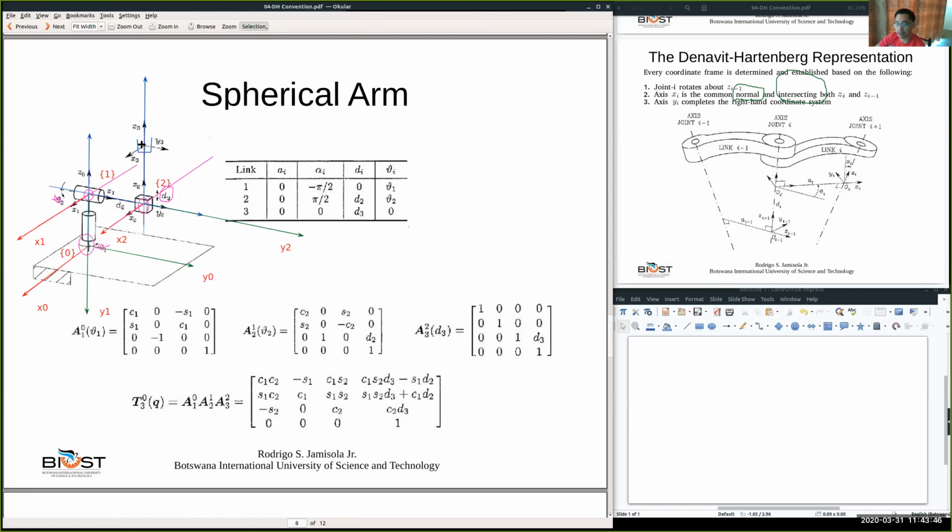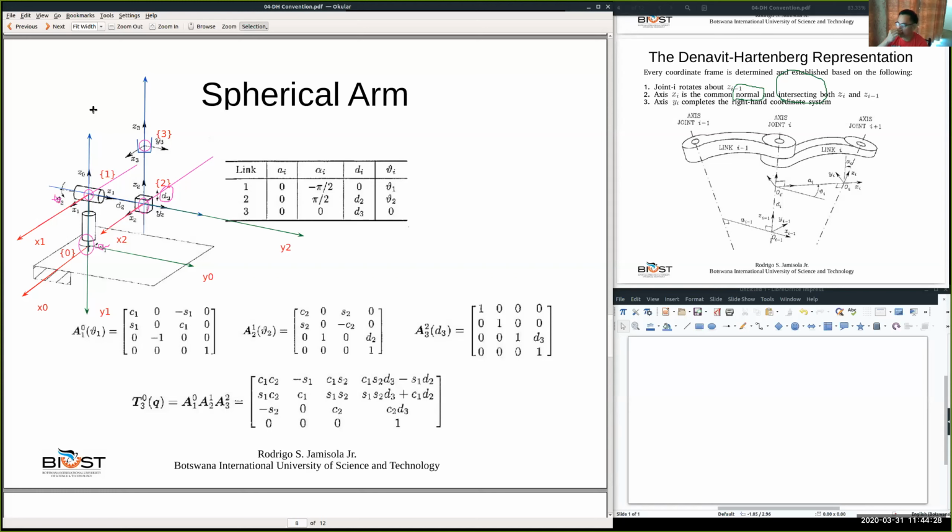In this case it's not shown, but assuming that the hand is here, normally at the end effector, we choose the origin of our reference frame to be this one, and Z3 is along Z2, and that is the origin. So that means we can also arbitrarily say that X3 is parallel to X2, and in that case Y3 becomes parallel to Y2 as well. Okay, so now we are done. We have already chosen where frame 3's origin is. Finish.